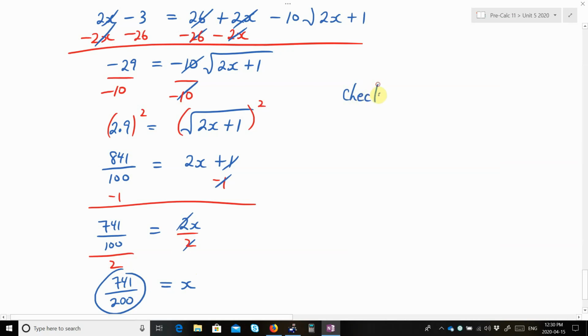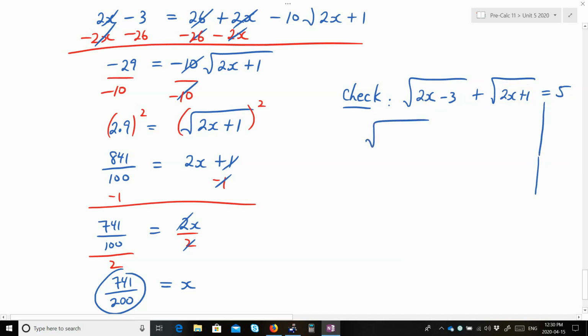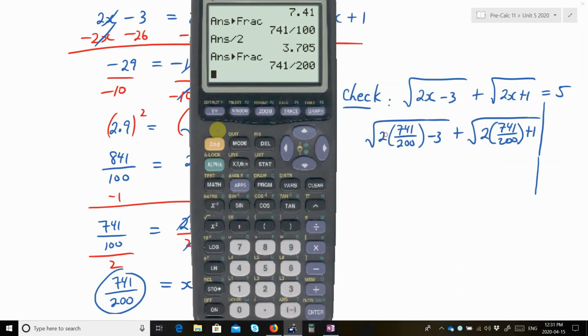Let's do a check. The original equation was the square root of 2x minus 3 plus the square root of 2x plus 1. Does that equal 5 is the question. And I'm going to put a little barrier down here and do some calculator work. So we are putting 741 over 200 in here. Okay, and we want this left-hand side to work out to 5. So let's get out the calculator.